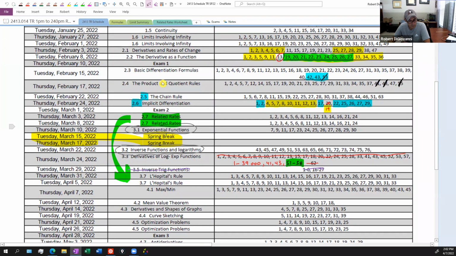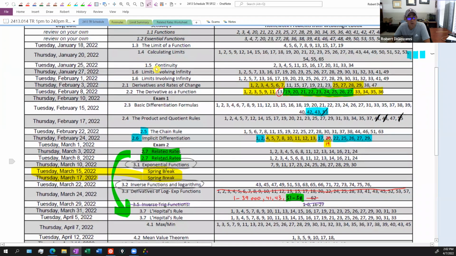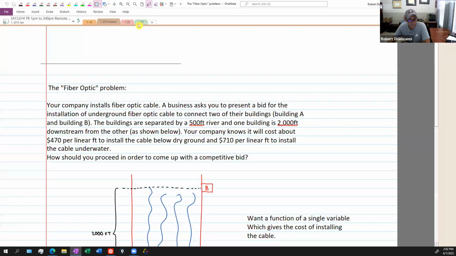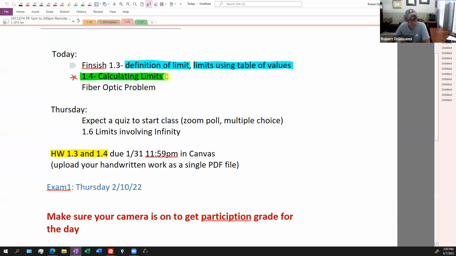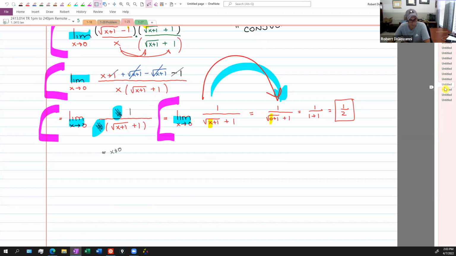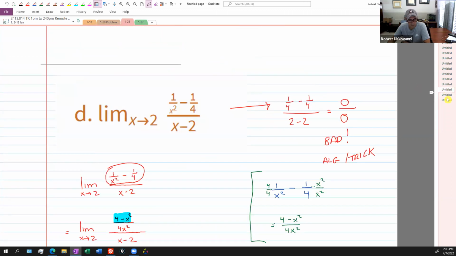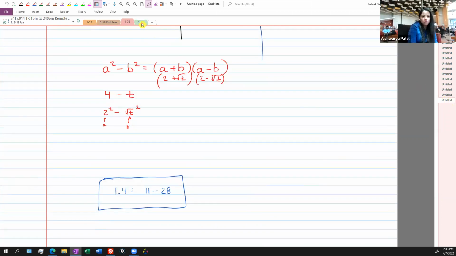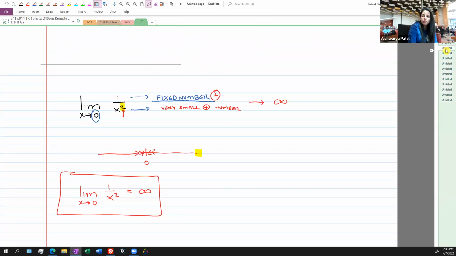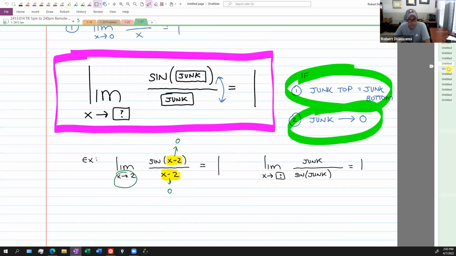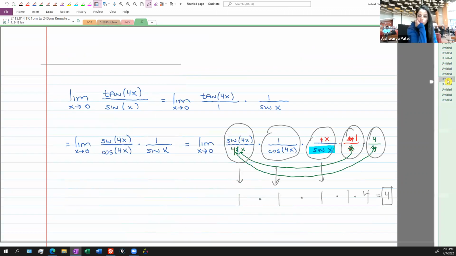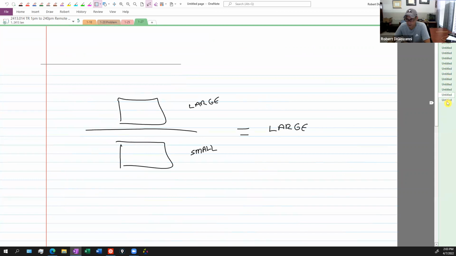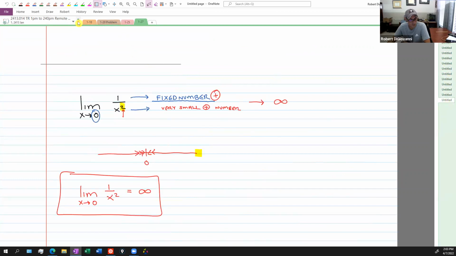Oh, continuity 1.5, way back there, which should have been around January 25th. We covered it right before the first exam. Also we're behind the calendar, I think we're a little bit behind here. So this is limits. Give me a second.